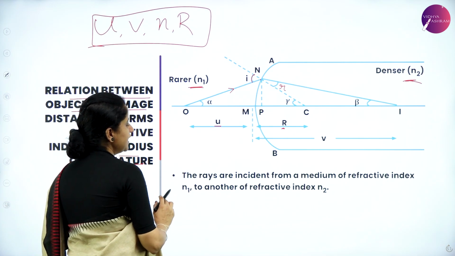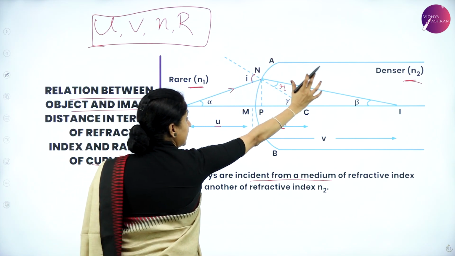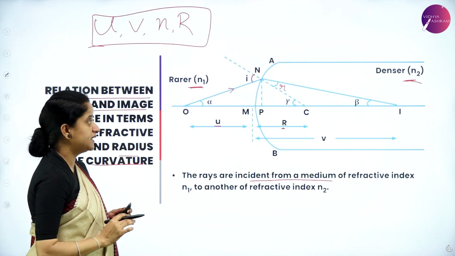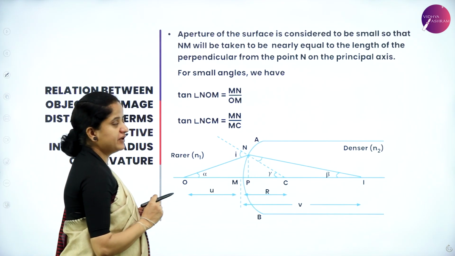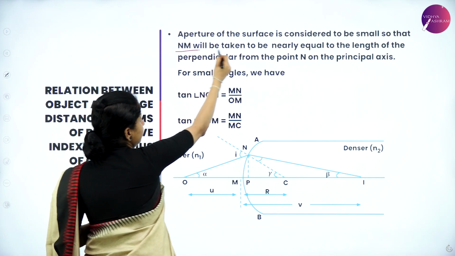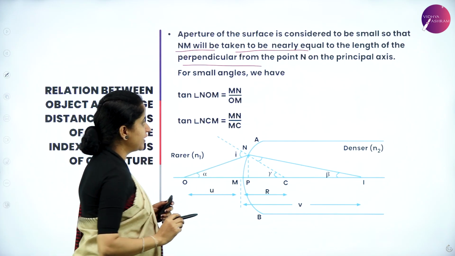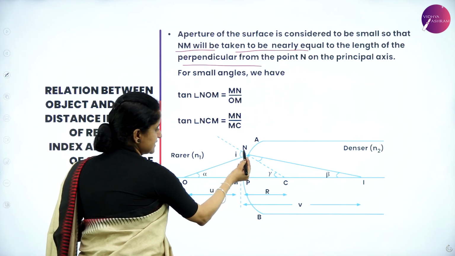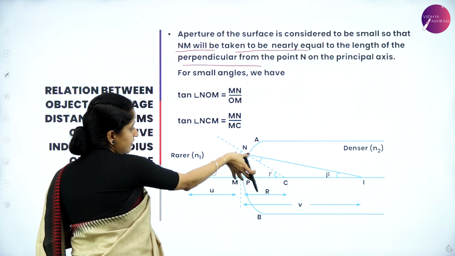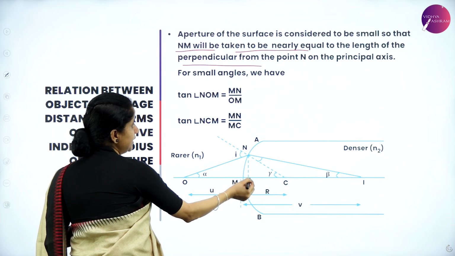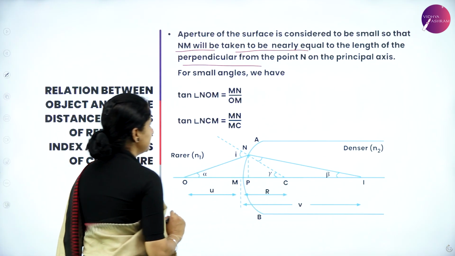The rays are incident from a medium of refractive index N1 to another medium of refractive index N2. Here the aperture of the surface is considered to be very small, so that NM will be taken as nearly equal to the length of the perpendicular NP from the point N on the principal axis. So this is the principal axis.